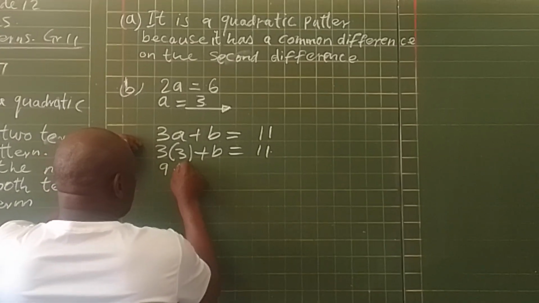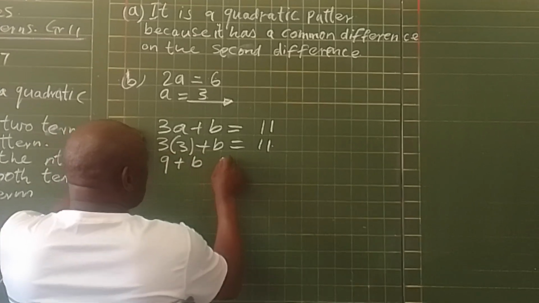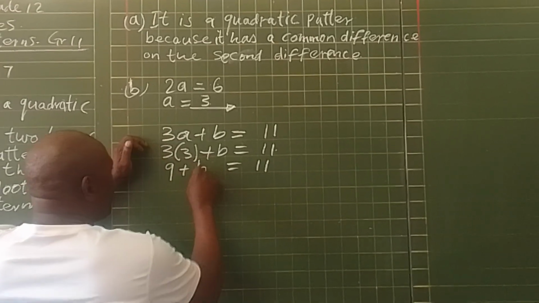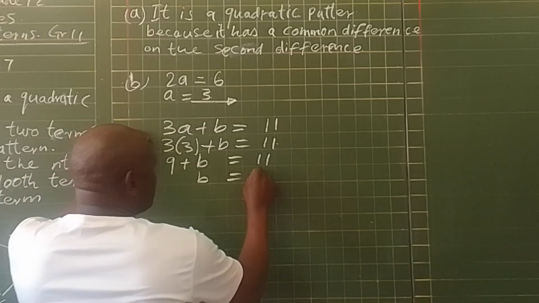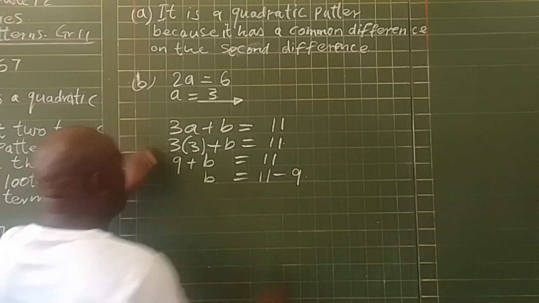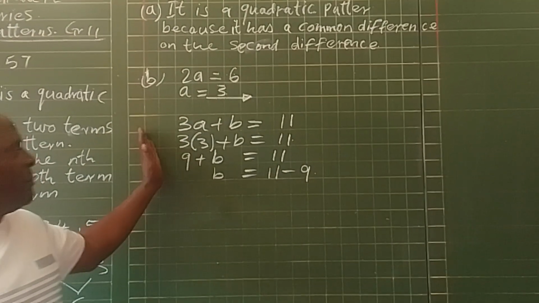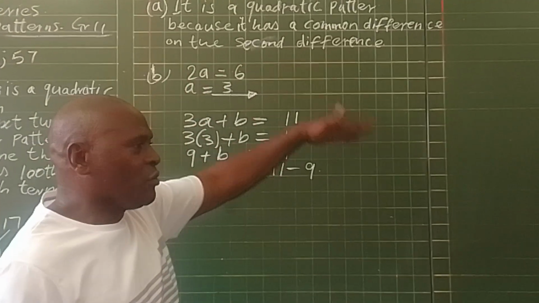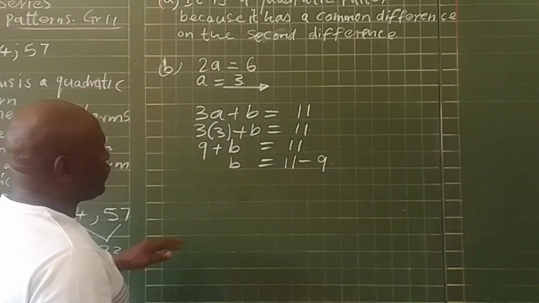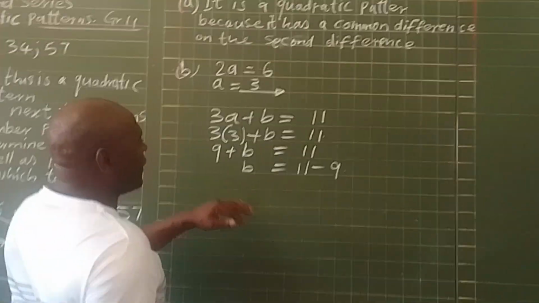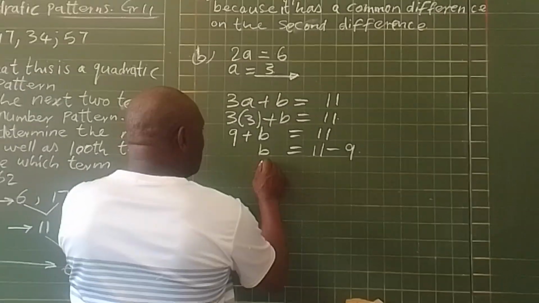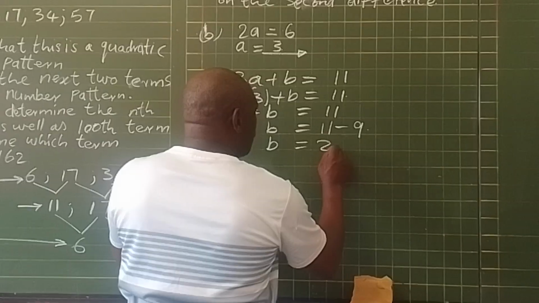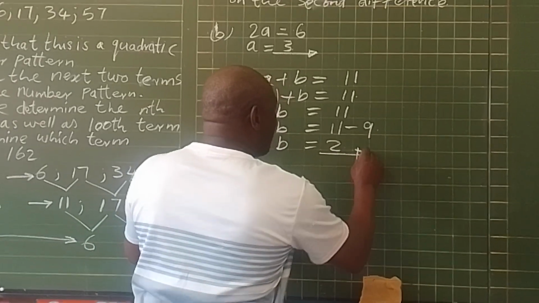So it's 9 plus b equals 11. Then find b. b is 11 minus 9. When you take your 9 from the left hand side, it was positive. When it goes to the right hand side, it's going to be negative. 11 minus 9, b is 2. You are done with b.